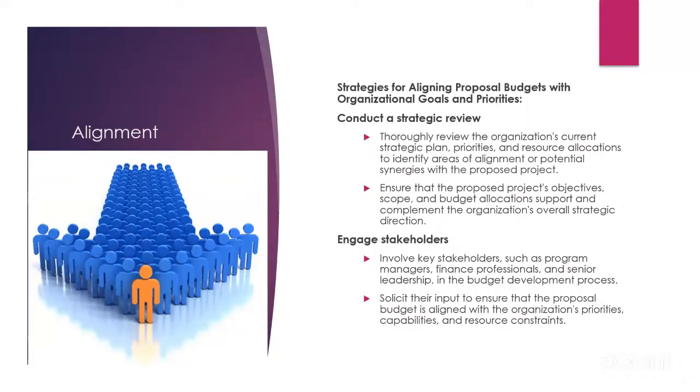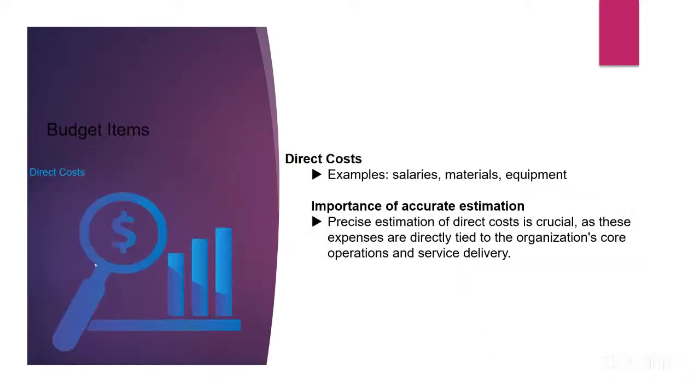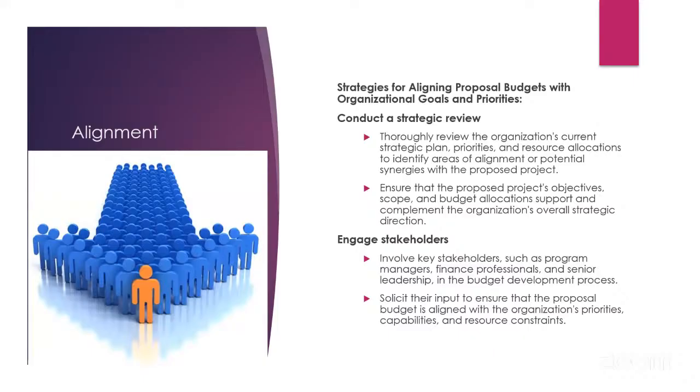Then strategies that we can use to align the proposal budget with the organizational goal and priorities. We need to conduct a strategic review. The strategic review will give us the organization's current plan. What is it that the organization has in plan already?